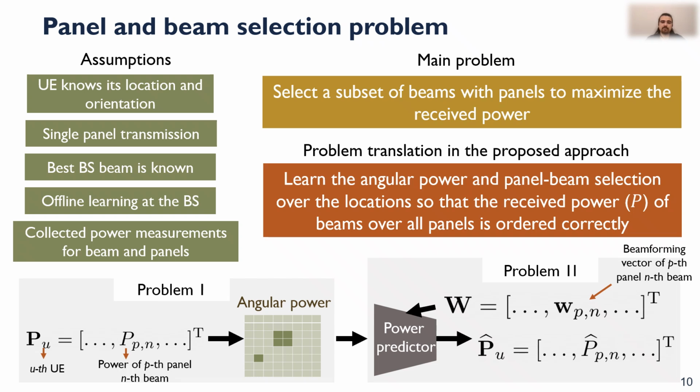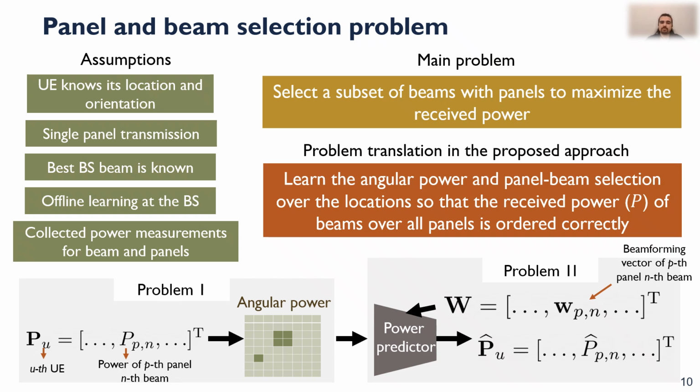We assume there are collected power measurements for beams and panels across all panels. This dataset can be collected through drive tests or RSRP feedback in 5G, which is a standard feedback. And we assume there is offline learning at the base station that trains our method. However, we do not specify that, and that part of the work is left as future work.